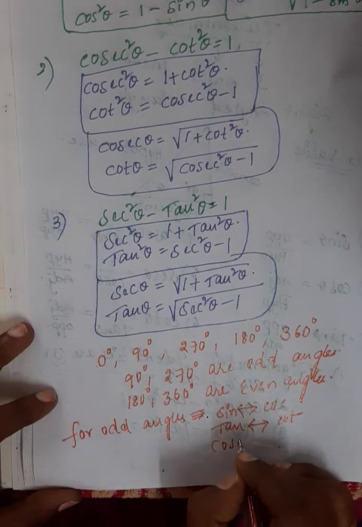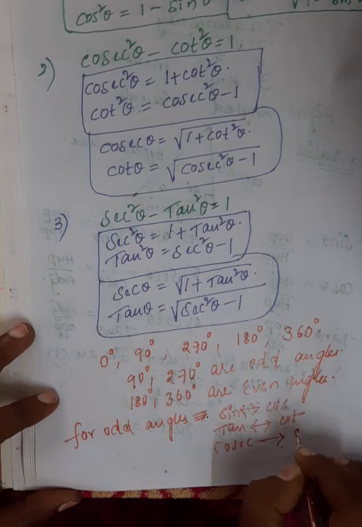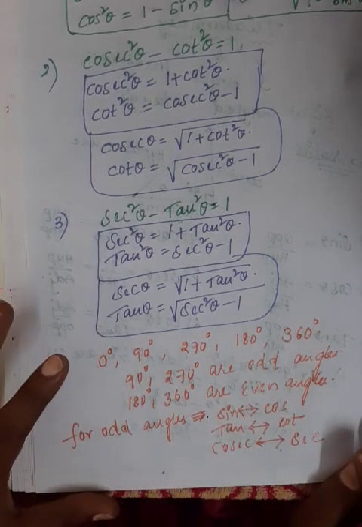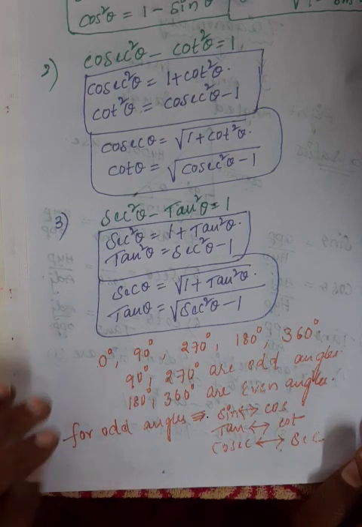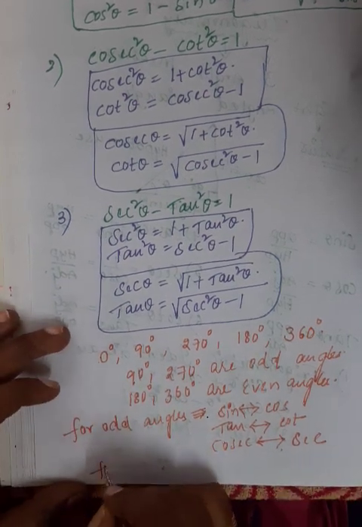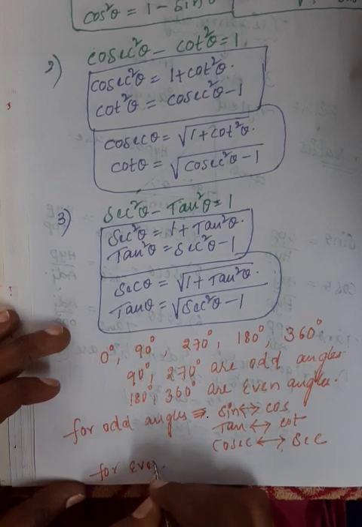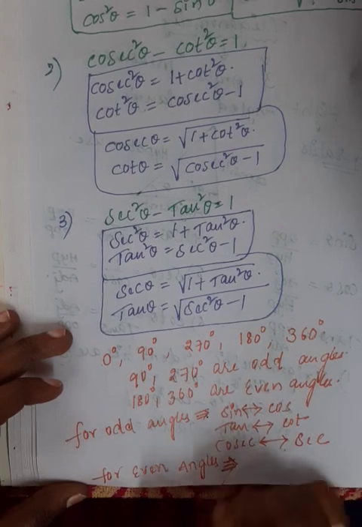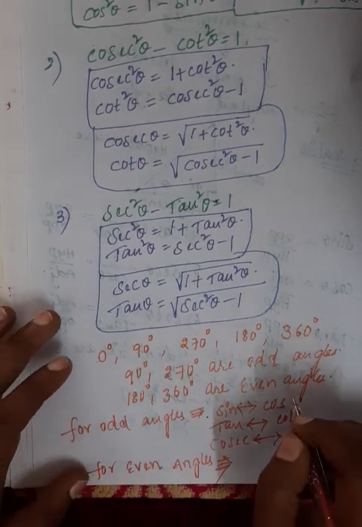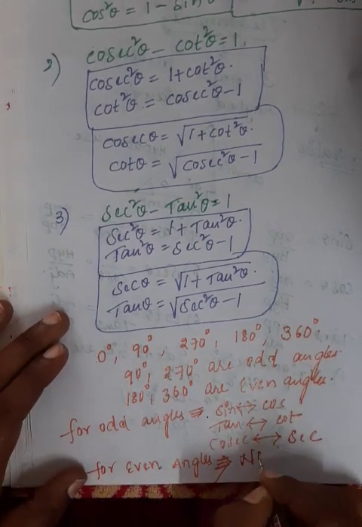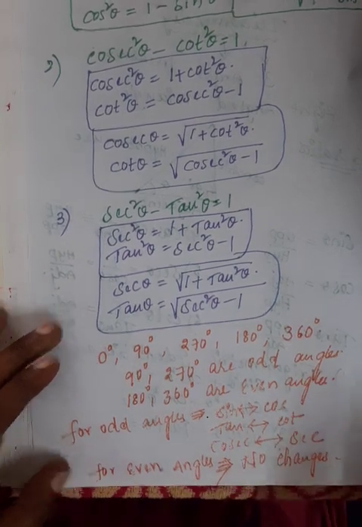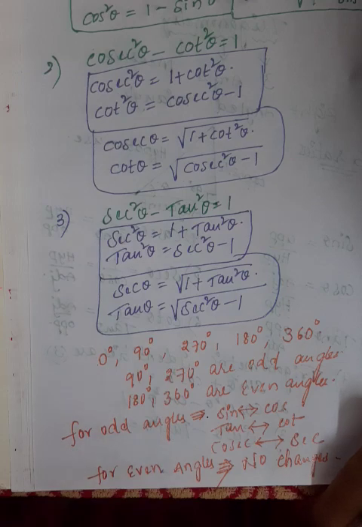Cosec changes to sec, sec changes to cosec. So these are the transformations only for odd angles. For even angles, there will be no changes. So this is very important in order to solve the given questions in your exercise.